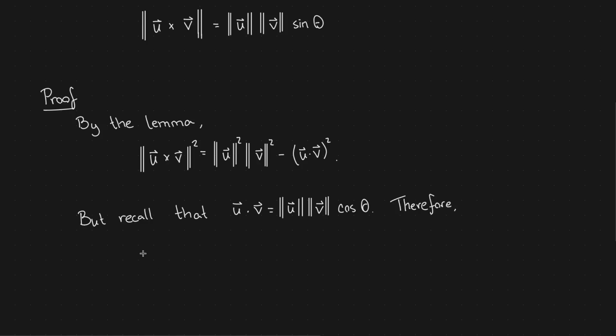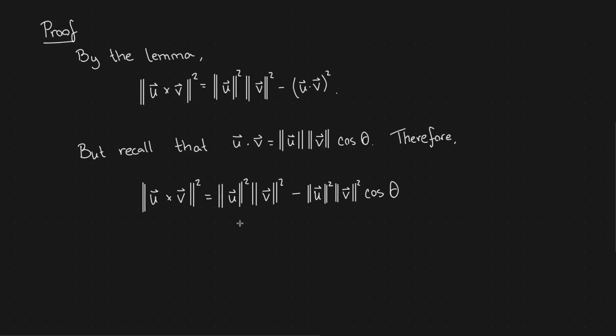Therefore, if we plug in, the norm of u cross v squared is equal to norm of u squared times norm of v squared minus, and now instead of u dot v, I will plug this in, norm u norm v cosine theta, and I will square it as I go. So I get norm u squared, norm of v squared, cosine squared of theta.